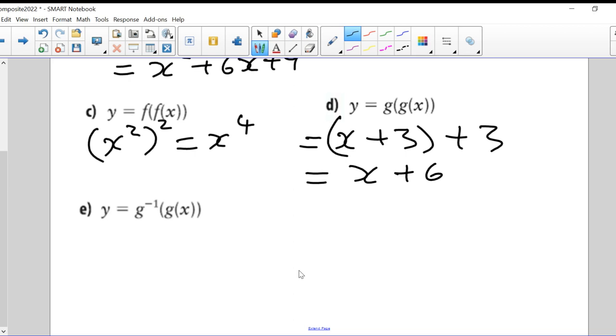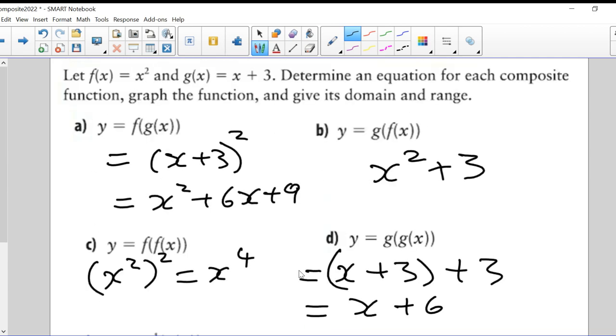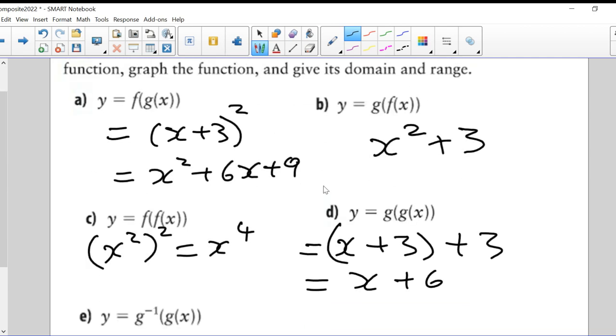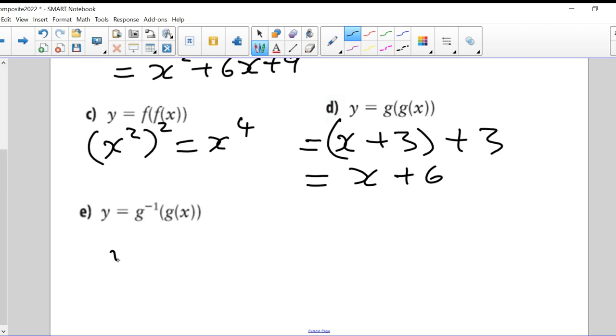It is in fact. You guys remember stuff from grade 11. It's the inverse function. So here's what we're going to do. We're going to find what the inverse function is first so we can use it, right? The original function is g of x equals x plus 3. I'm going to say y equals x plus 3. Does anybody remember how we find inverses?